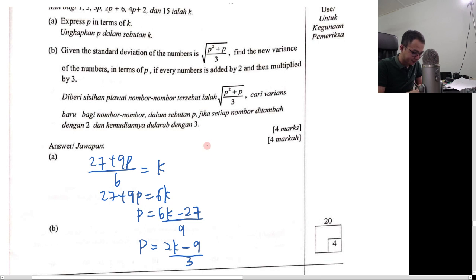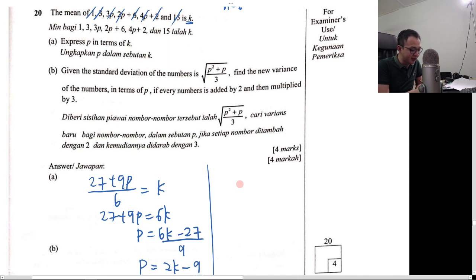Alright, so done. Okay, the standard deviation of the numbers is given. So the new variance in terms of p, as you find a new variance here. If every number is added by 2 and multiplied by 3, for standard deviation and variance, I don't care what they add or subtract, because it does not affect my standard deviation and variance.